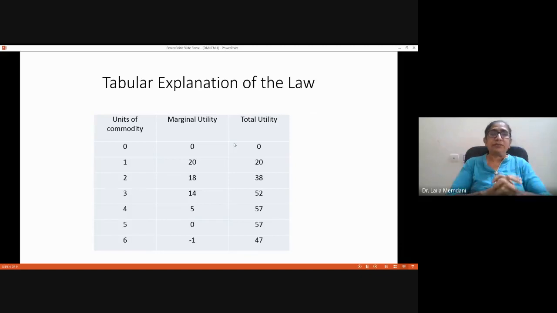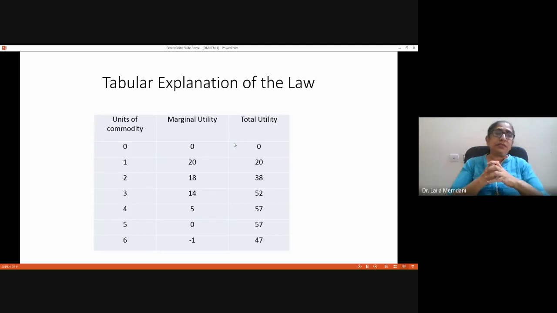As he consumes the second unit, the utility derived from the second unit is slightly lesser. Let us say 18. So the total utility is 20 plus 18, because for the previous unit the total utility was 20. So 20 plus 18 is 38.